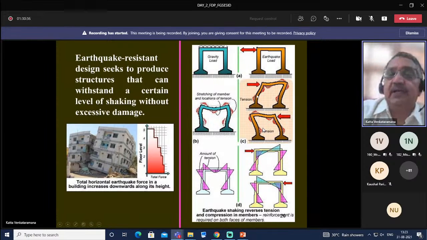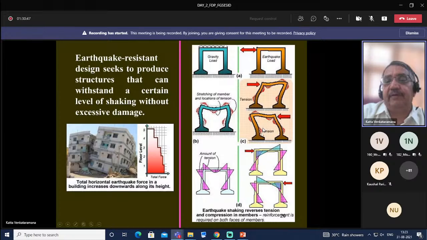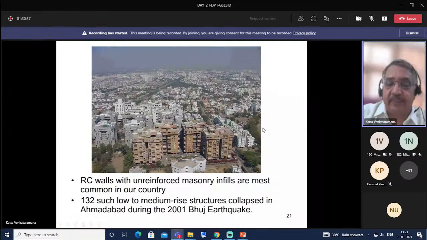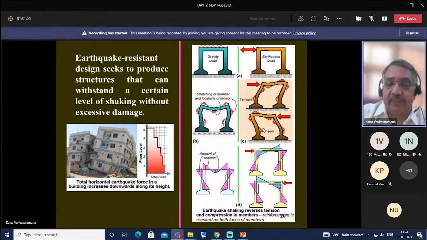So the location of tension, if you look here, left to right, these are the areas of tension development. And these are when the force is from right to left. So these get reversed. So we need to provide reinforcement on both faces of the members when we consider the earthquake load.